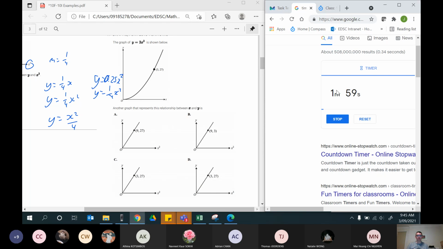Similar. So we haven't done one like this before, so it'll be interesting to see how you guys go.